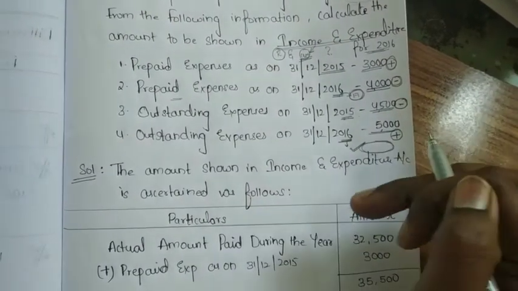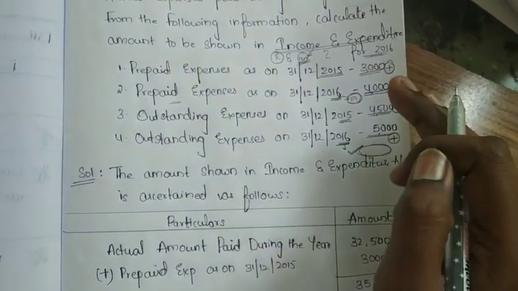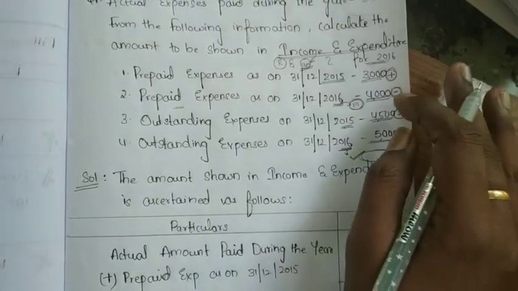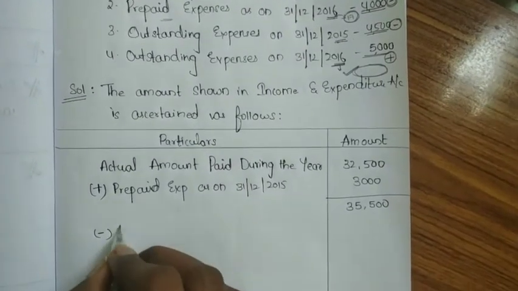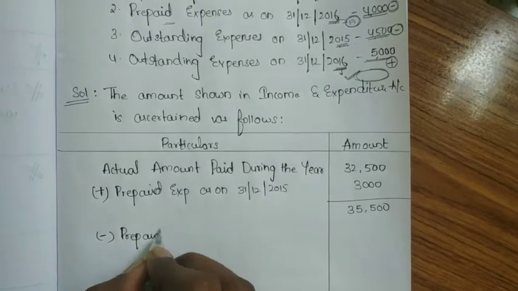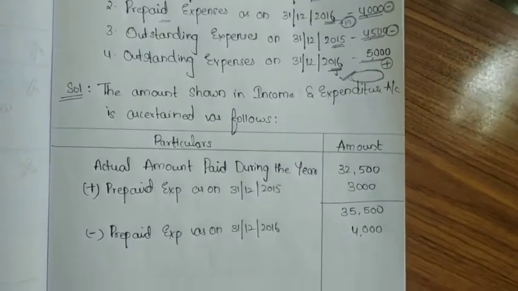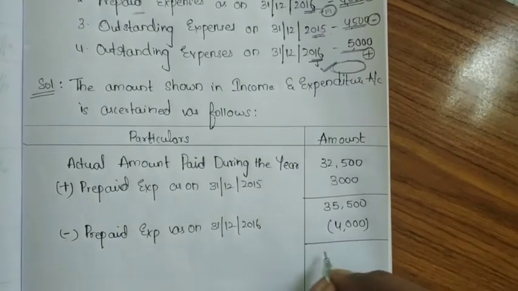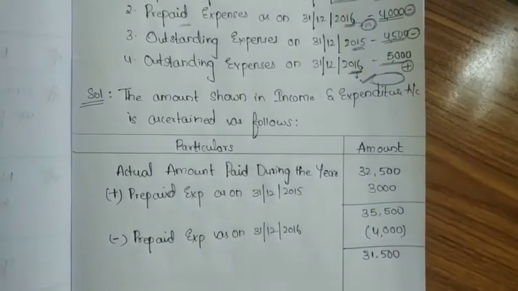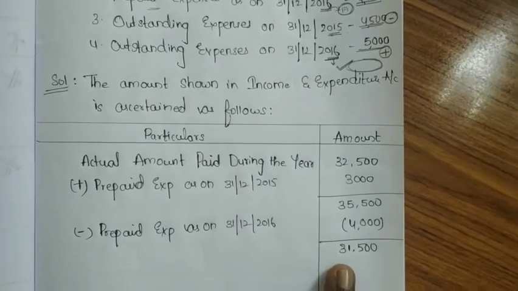So we are calculating the expenditure regarding 2016. It is not considered. So we have to deduct this amount. Take the amount and deduct it. So we have got 31,500.